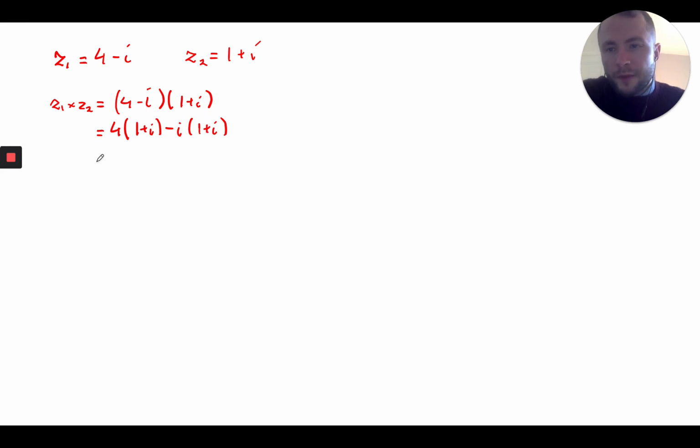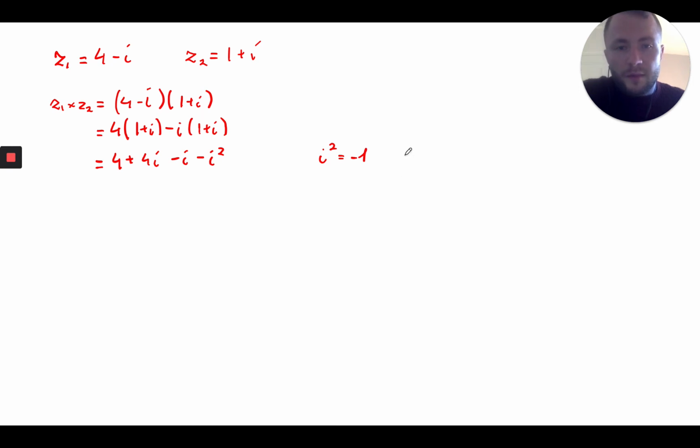If I carry out the multiplication, the resulting expression will be 4 plus 4i minus i squared. The reason why it's minus i squared is because minus i times plus i is minus i squared. I'm going to remember that i squared equals minus 1.